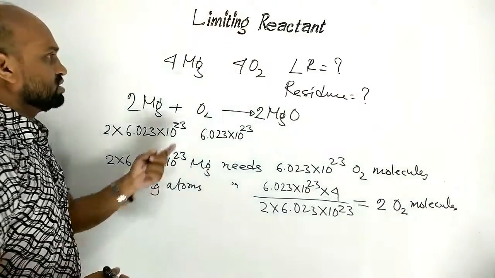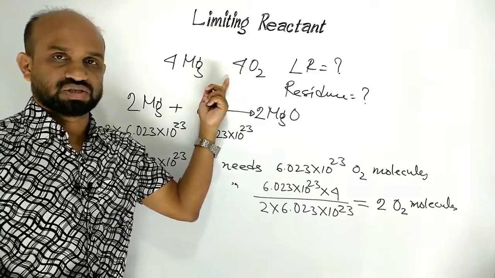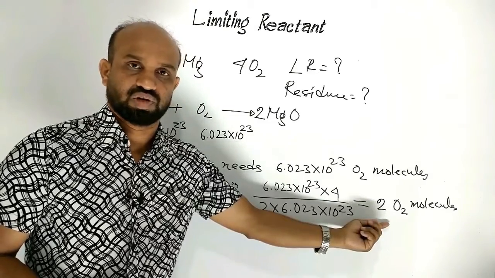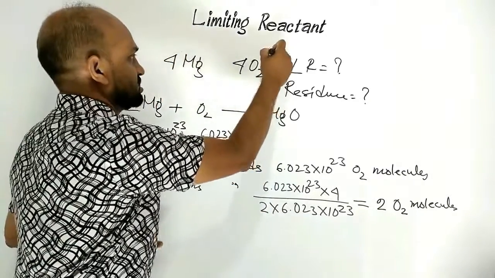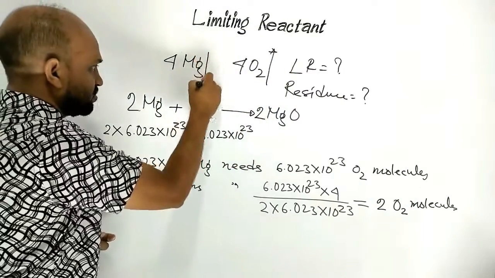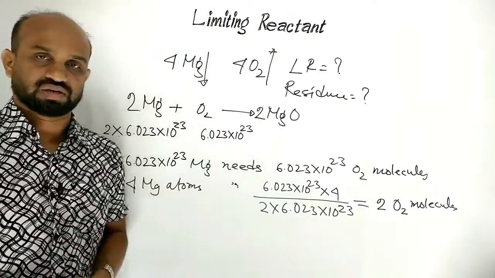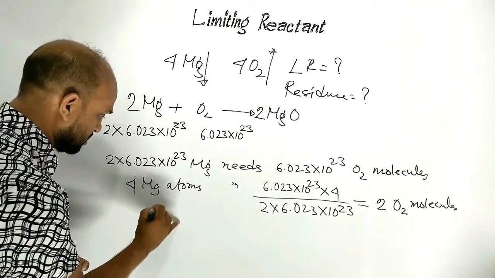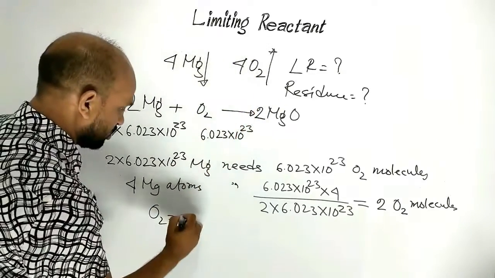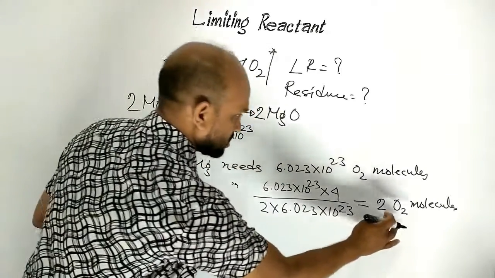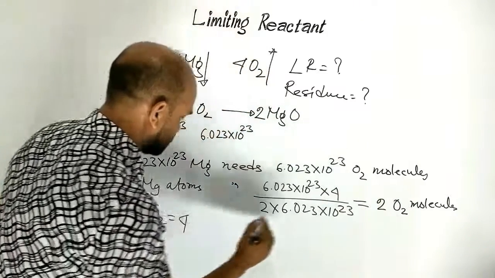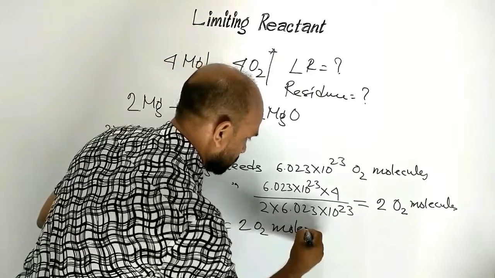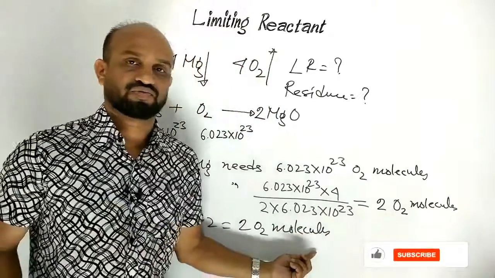In this question we have 4 oxygen molecules, but the required amount is 2 oxygen molecules. So oxygen is the excessive reactant, then magnesium will be the limiting reactant here. Then what is the leftover? The leftover is oxygen. We have 4 molecules of oxygen, but the required amount of oxygen is 2. So 2 oxygen molecules will remain as leftover.